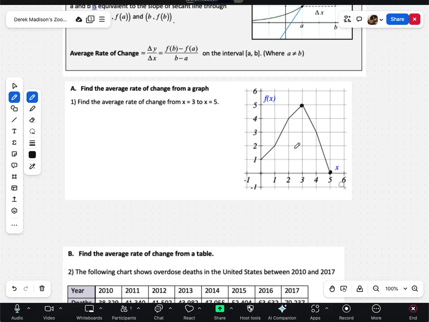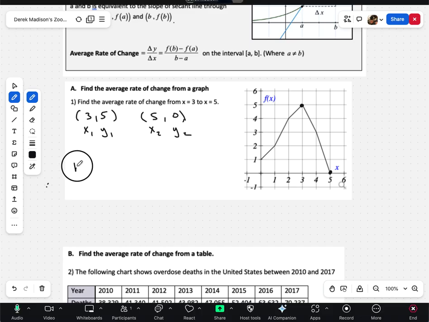So not the worst way to do this is to just write out these ordered pairs, and I'll use that slope formula up above, y2 minus y1, x2 minus x1, on this one. So when x is 3, the output is 5, and when x is 5, the output is 0. And so remember our x1, y1, x2, y2.